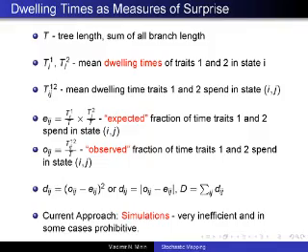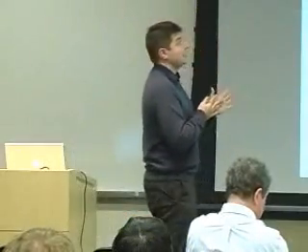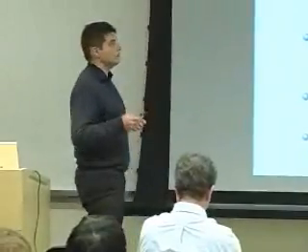So we will use these evolutionary reward processes, or in this case simply dwelling times, as measures of surprise. We want to design a test, a Bayesian one, I should admit, which will be an analog of the chi-square test. Actually, it was designed by John Huelsenbeck and co-authors in 2003.